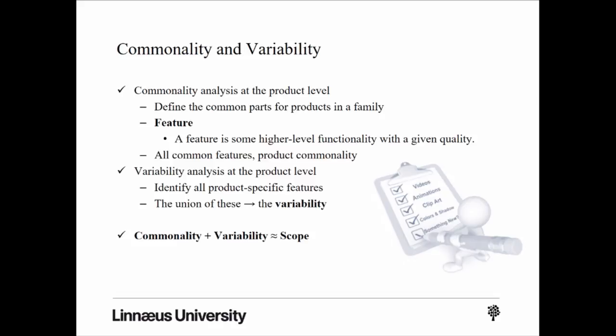So some features are common. Some features can be mandatory. They must be in all products. And some features are variable. They can be included in the product. And the combined common and variable features define the scope of your software product line.